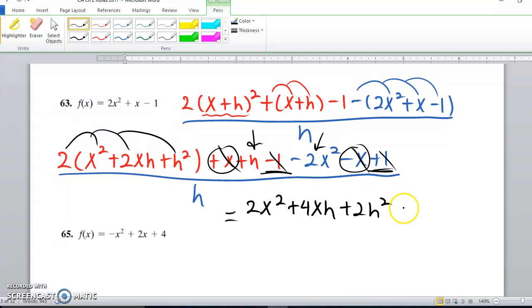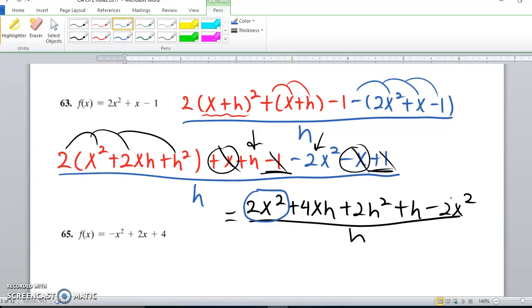And then don't forget the other parts that we still had here, the plus h and the minus 2x squared all over h. And then you're going to see that we've got the 2x squared minus 2x squared, and that's going to cancel out.